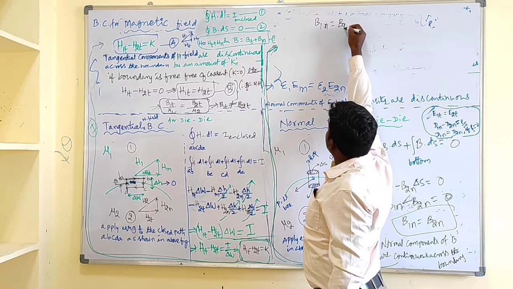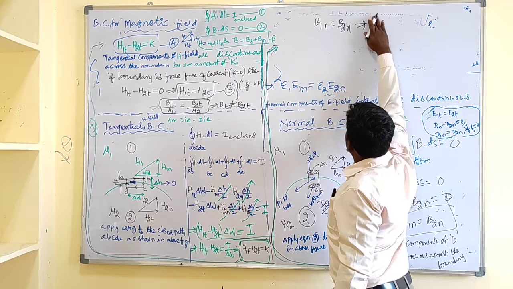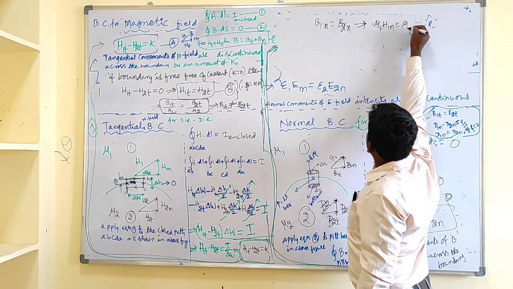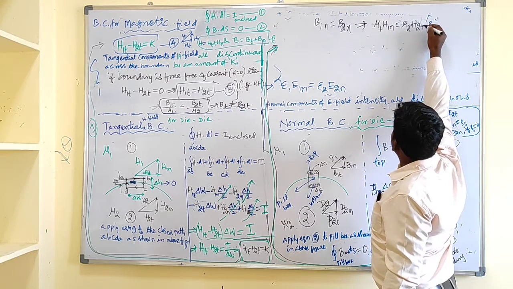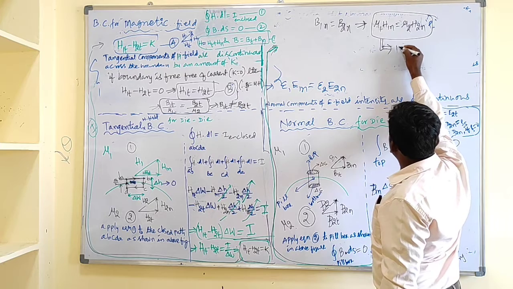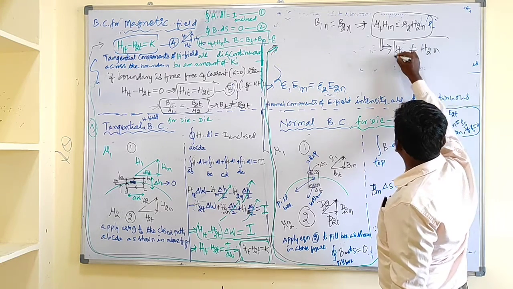I will write clearly here. So it implies mu1 into H1n equals mu2 into H2n. It implies H1n is not equal to H2n.